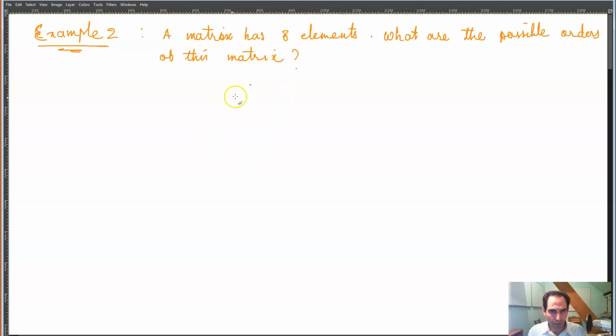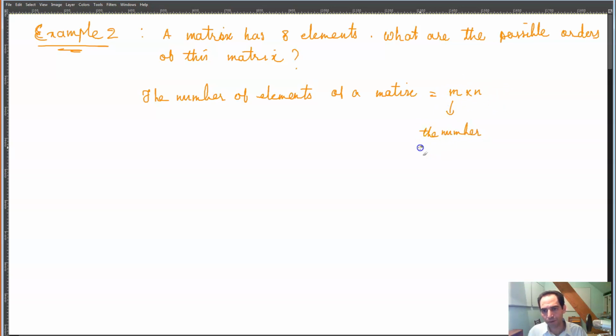So we said that the number of elements of a matrix is equal to m times n, where m is the number of rows and n is the number of columns, right?